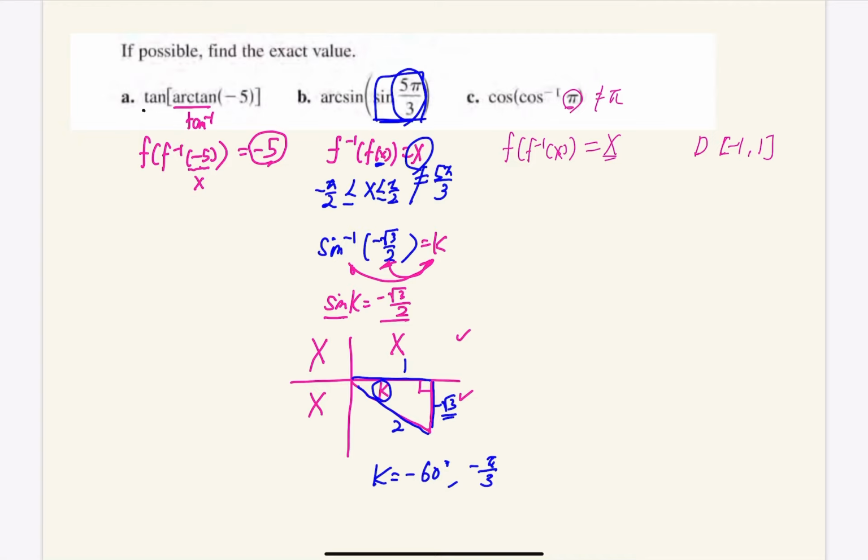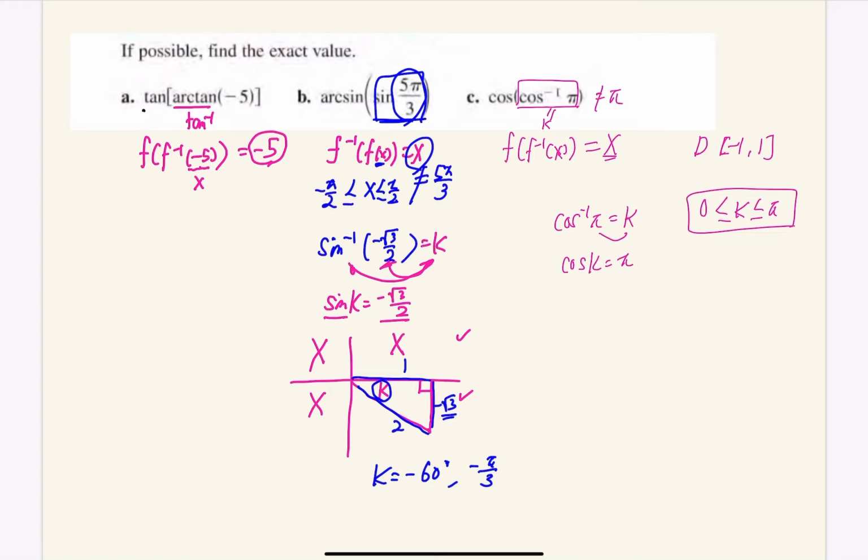So we should find the value of this one first. Cosine inverse of pi, right? So set up k for the inverse expression. Cosine inverse of pi equals k. k should be between 0 and pi, because the range of cosine inverse is between 0 and pi. Switch x and y. Cosine k is equal to pi.